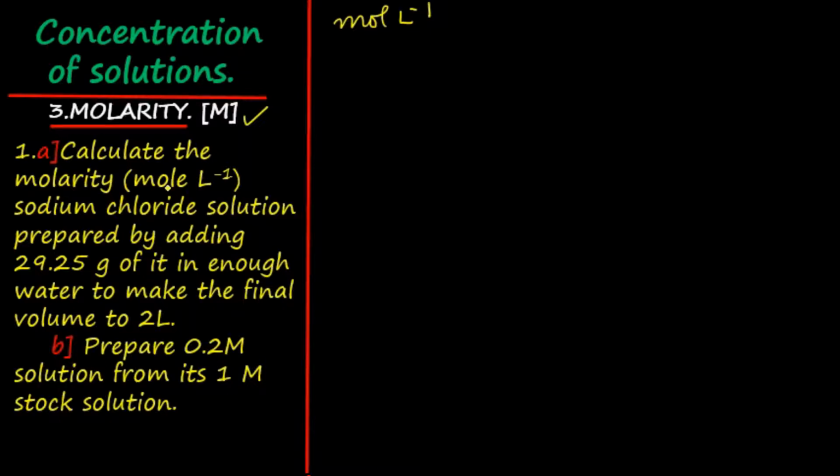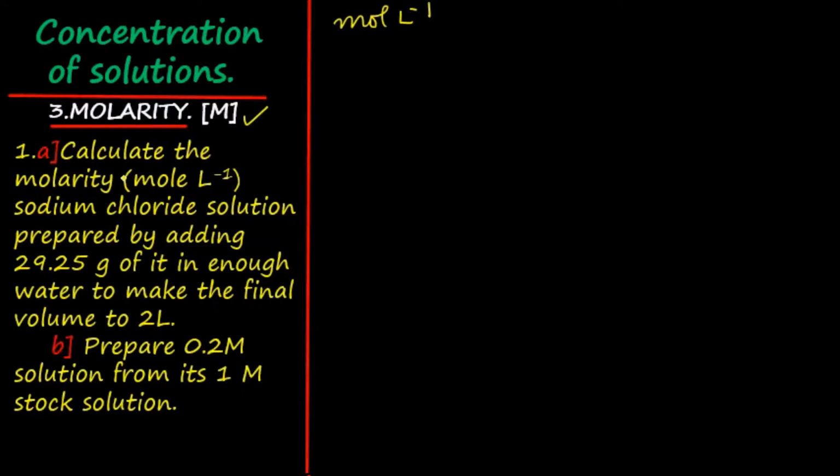You are not given the salt, you are only given the molar solutions. So we have to understand how these techniques are done. Now, we will first attempt section A of this question and then go on to section B. When we discuss section B, we will know how solutions with different concentrations can be prepared from its stock solution.